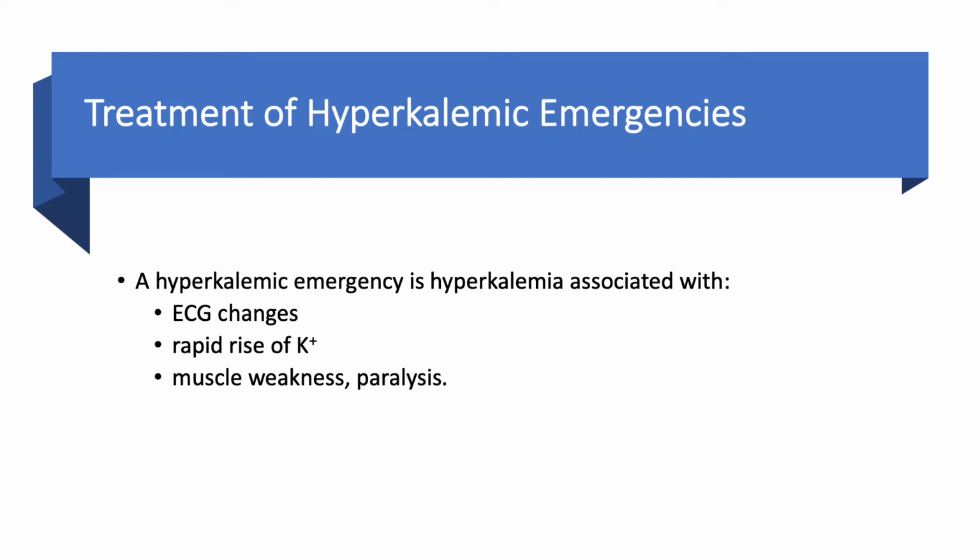Also any rapid rise of potassium, like you would see with tumor lysis syndrome, for example, oliguric acute kidney injury, or hyperkalemia associated with muscle weakness or paralysis. So if you have any of these things plus hyperkalemia, you have a hyperkalemic emergency.